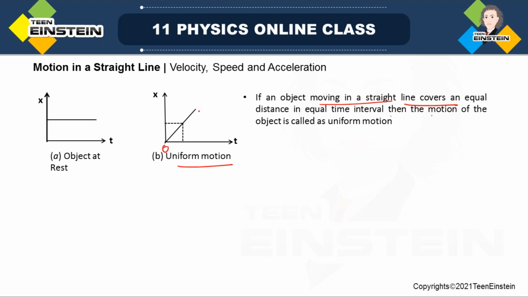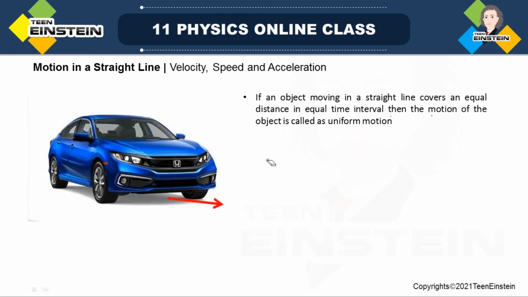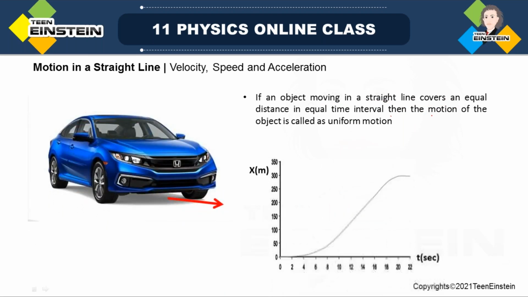Uniform motion. And if you have this in the velocity-time curve, then we can say the object has uniform velocity. That we will look at when we discuss velocity, acceleration, etc. Okay, now let us consider the motion of a car.